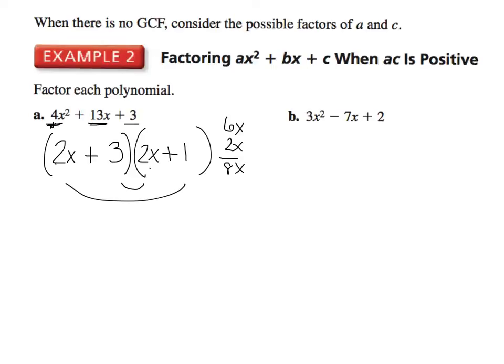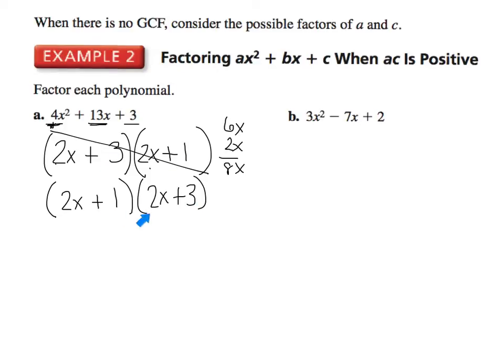Now, normally, this is where I would actually tell you to erase this. But since we're doing this for the first time, I'm just going to cross this off and try another example. So what I always would suggest is before you pick something else, switch them around. Now in this case, if you switch around the 3 and the 1, you're actually going to get the same thing here because both of these are 2.